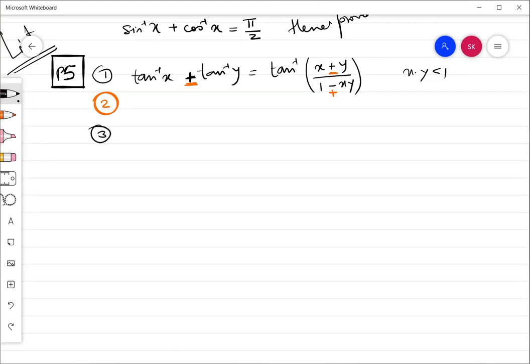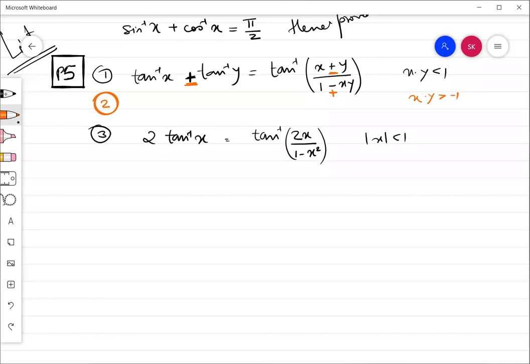Third property is actually not a property, it is just this is the condition that is there.